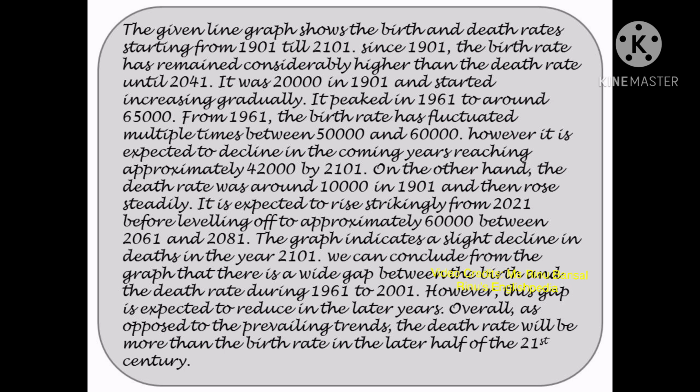We can conclude from the graph that there is a wide gap between the birth and the death rate during 1961 to 2001. However, this gap is expected to reduce in the later years. Over here, we end the body and begin with our concluding statement. Overall, as opposed to the prevailing trends, the death rate will be more than the birth rate in the later half of the 21st century.